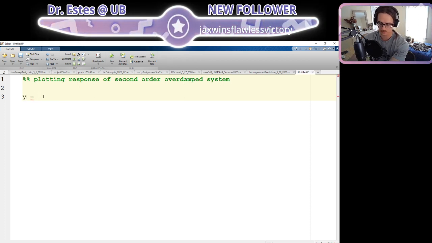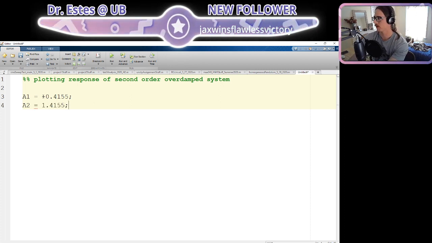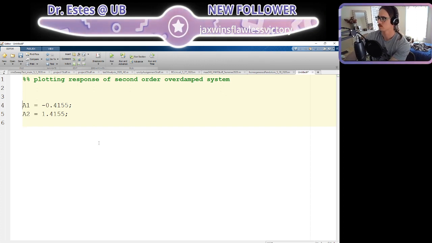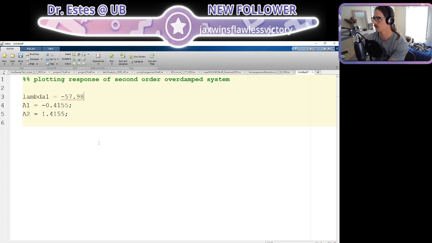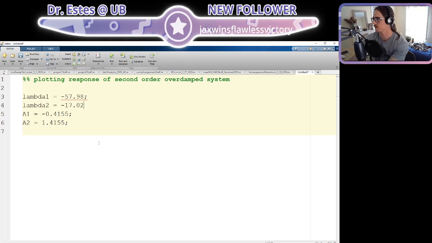But this is how you write it. Well, let's do this. A1 is minus 0.4155. A2 is 1.4155. Why don't we write it this way? Our first root was minus 57.98. Our second root was minus 17.02.